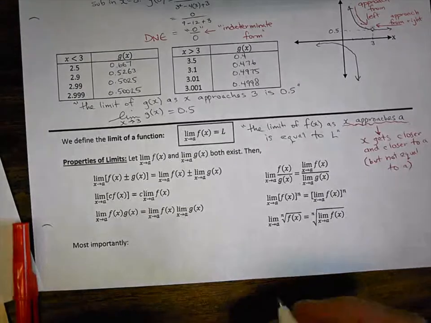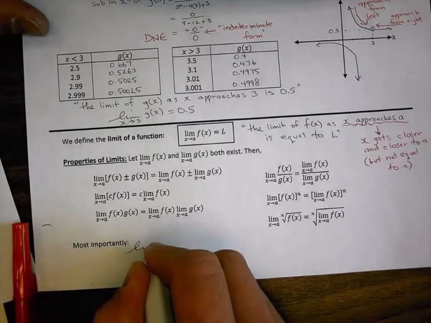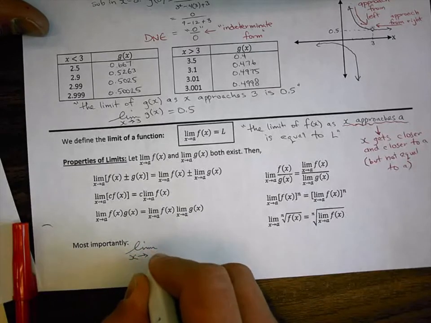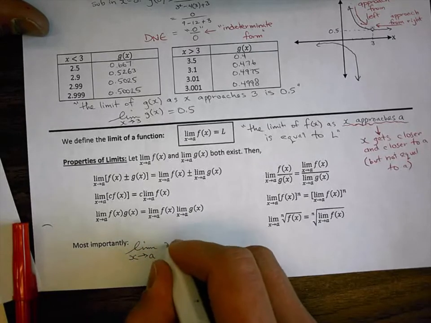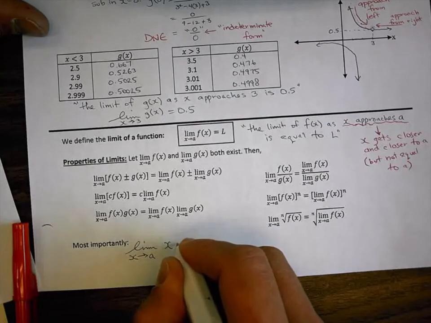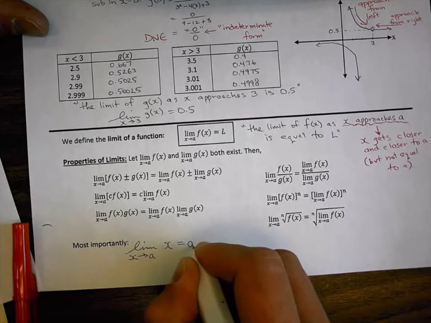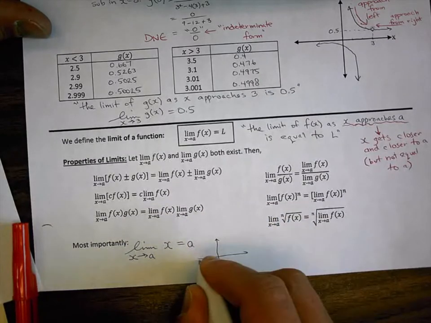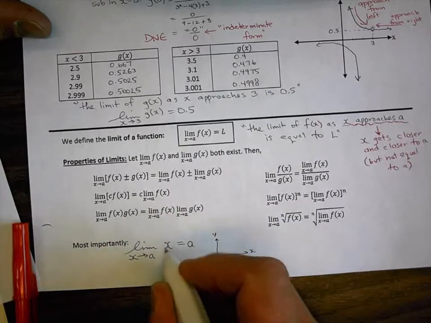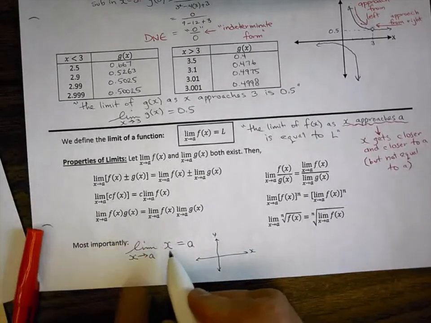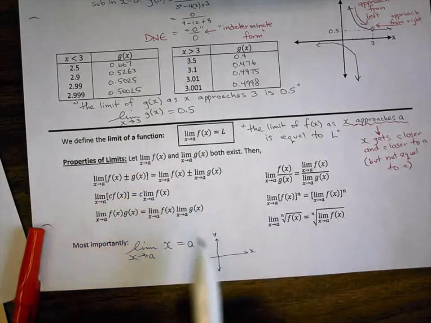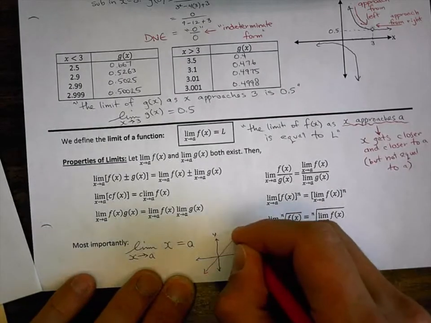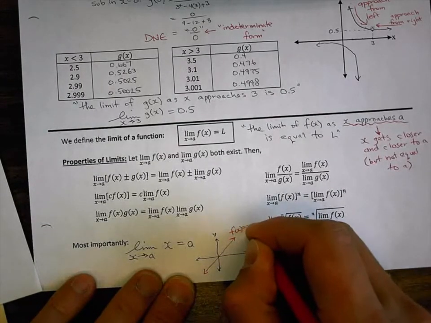The only really important ones are these two. The limit as x approaches a of the function x is equal to a. Now that's confusing. I'll do a quick explanation of what that means. Here's my y, here's my x. If you have a function that's just x, the function f of x equals x is just a line.